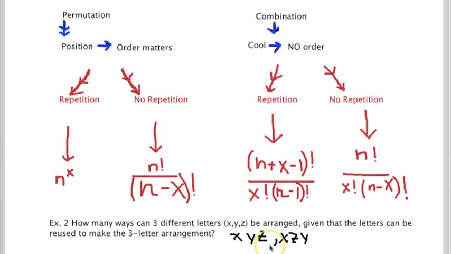So we always assume that the order in this case matters. X, Y, Z and X, Z, Y are two different options that we can have here. So in this case, order does matter because they're not the same thing, unlike the team.